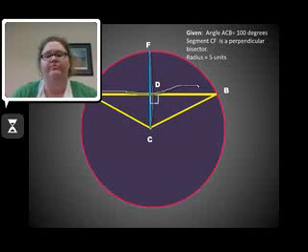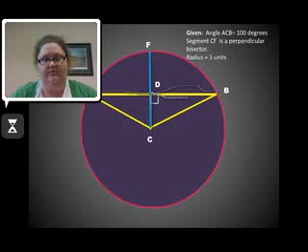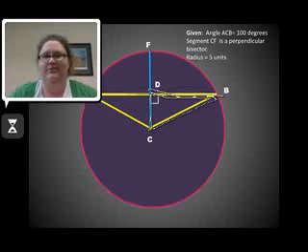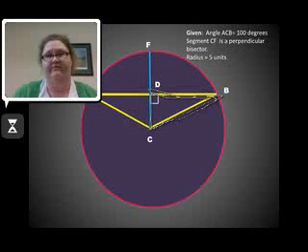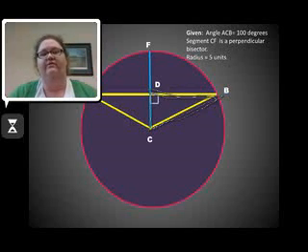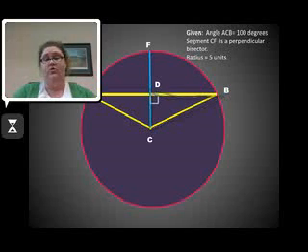That's going to be really important because what we've done now is we have created two right triangles. And right triangles are an important part in trigonometry with calculating lengths of missing sides and all that fun stuff. So now that we have a right triangle, it's going to make it a lot easier to find the length of that chord.